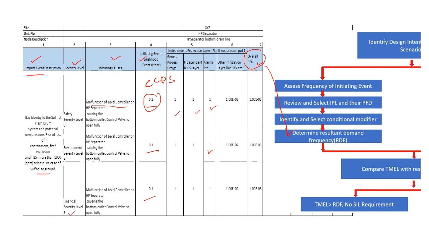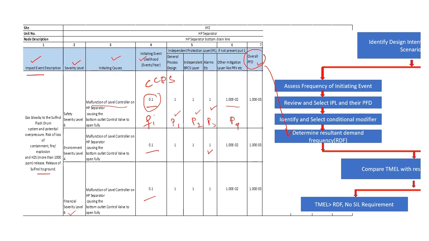So if you go with that, there is another mitigation layer, like the PRV, present. So in case of overpressure, the PRV will pop up, and that will not allow the overpressure scenario and rupture of the flush drum. So we can take credit of that, and the credit is e to the power minus 2. So if we combine these, this is our Fi, and this is our P1, P2, P3, P4.